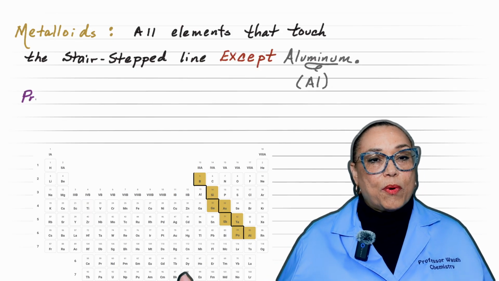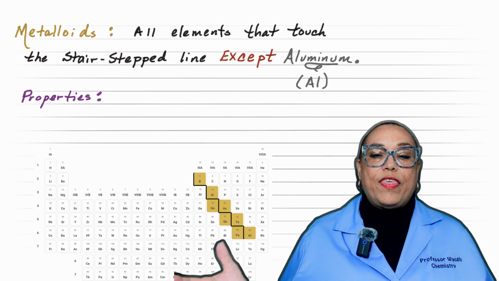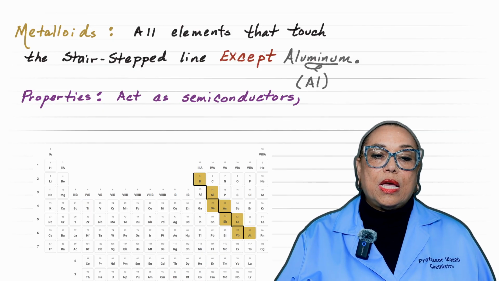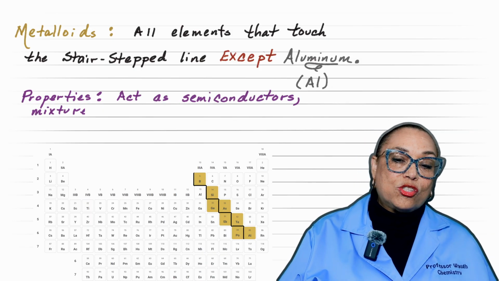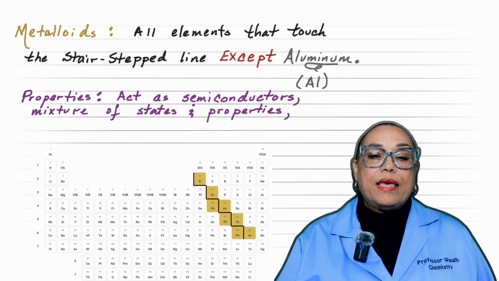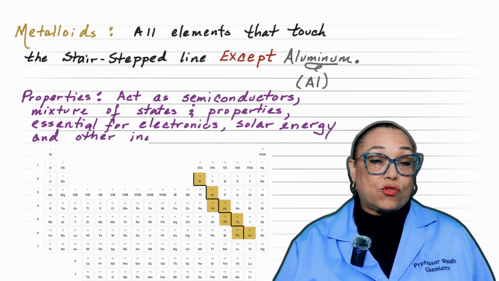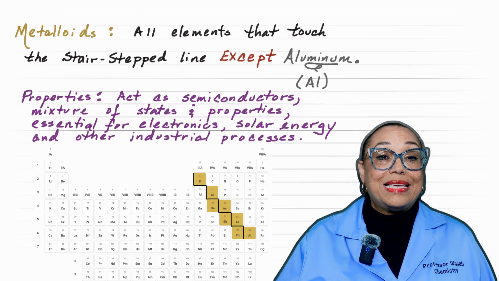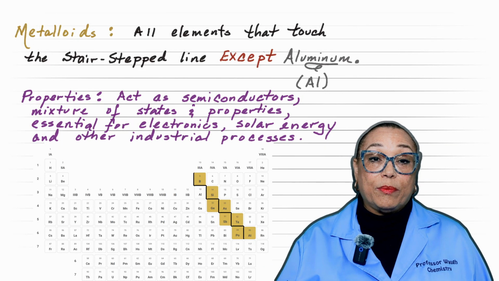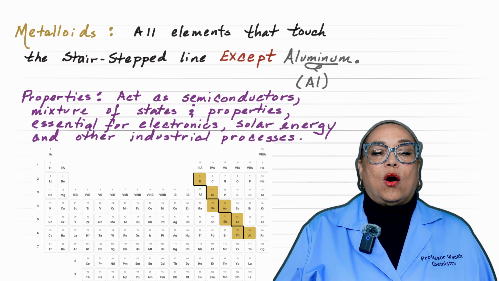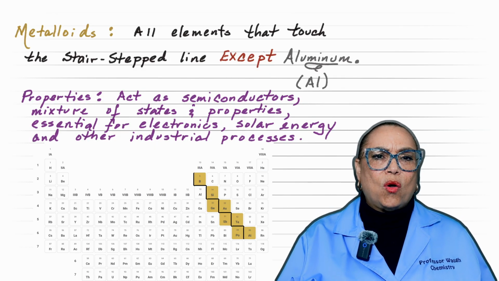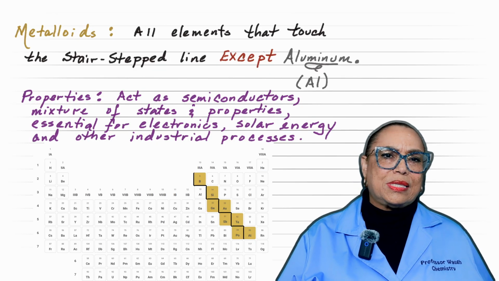So when you look at the properties of a metalloid, they are all semiconductors. Now, they are a mixture of states and properties. They're essential for electronics, solar energy, and other industrial properties. So you can see them noted below in the periodic table. Old people like me, we call metalloids semi-metals, so you'll see that in the literature as well.